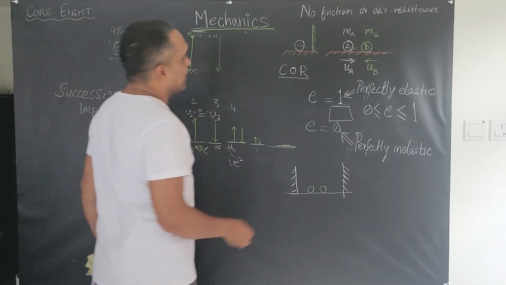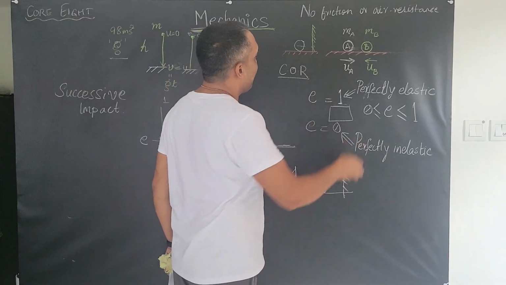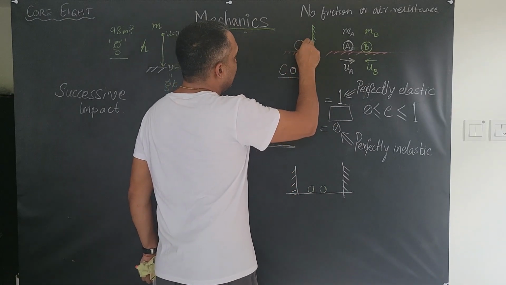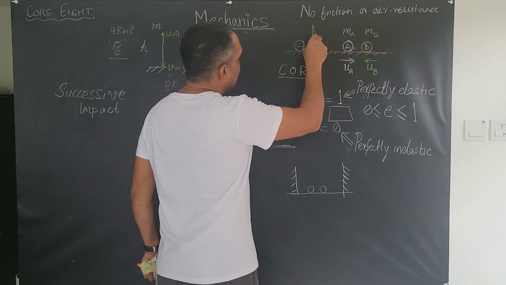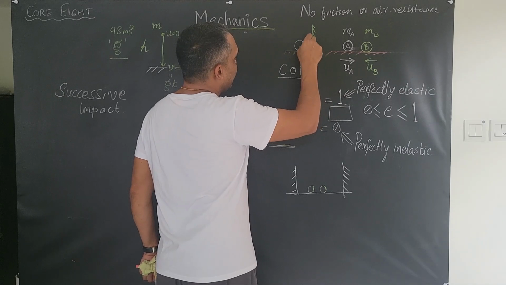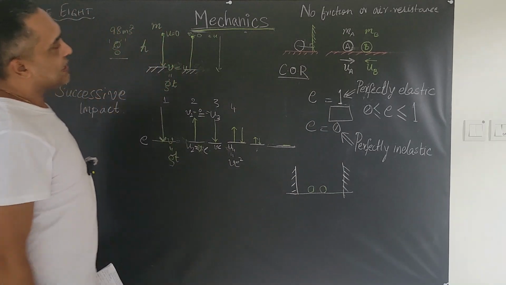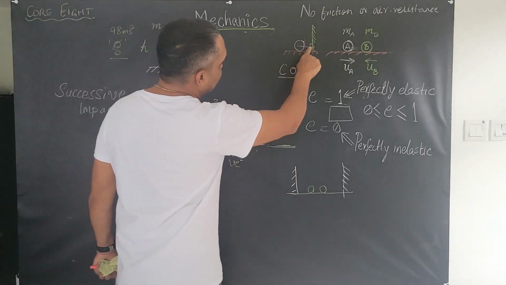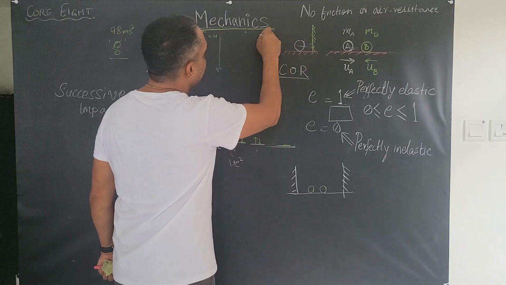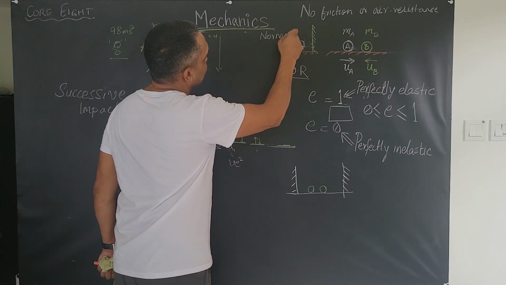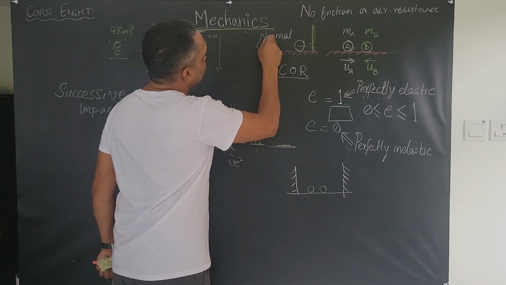Normal collision means it is perpendicular to the surface of impact, right? So in this case, this angle is perpendicular to the surface of impact, meaning the collision is tangential to that particle if you want to treat it as a sphere. But otherwise, just remember normal collisions. Maybe I write the term here, normal collision.